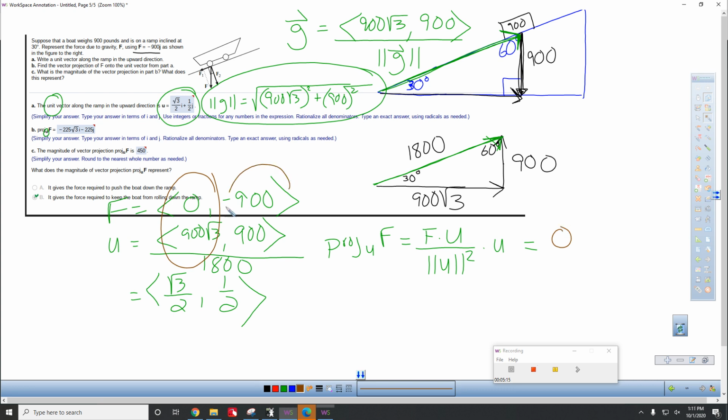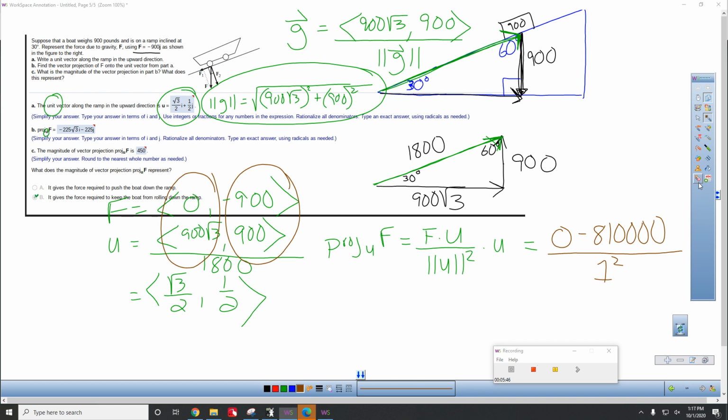Then you multiply these. You add them. Hold on.